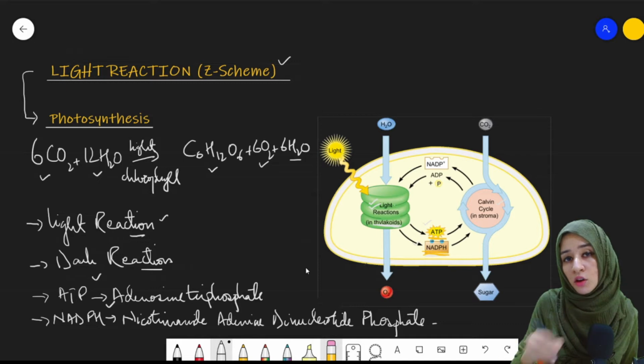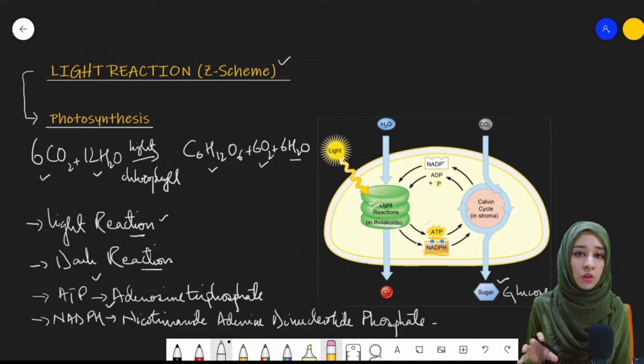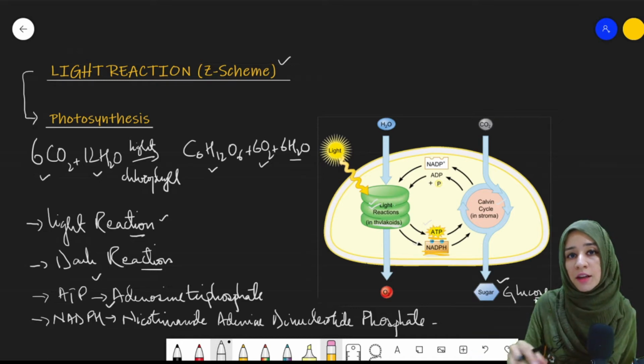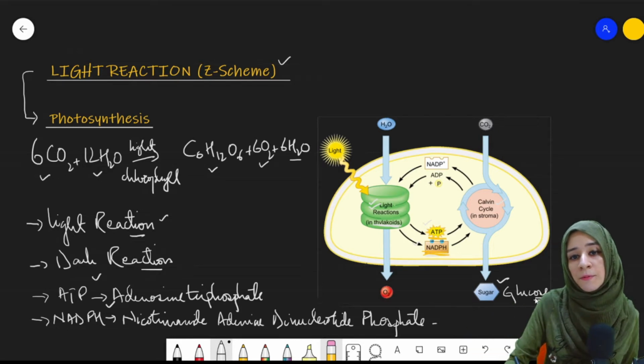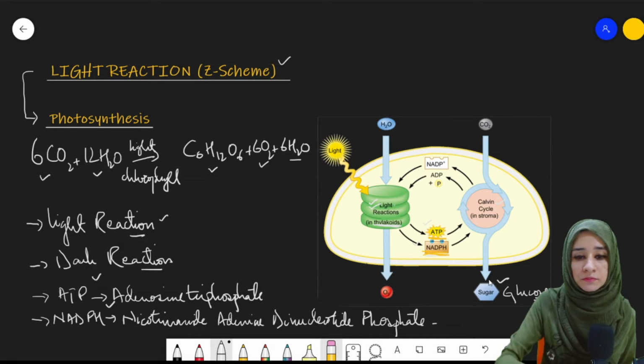And the result of this whole process is the production of sugar in the form of glucose. So in this whole process of photosynthesis, the light reaction results in the formation of high energy molecules, whereas these high energy molecules are utilized in the dark reaction and result in the formation of glucose.